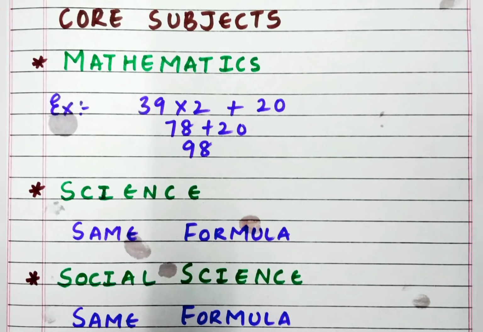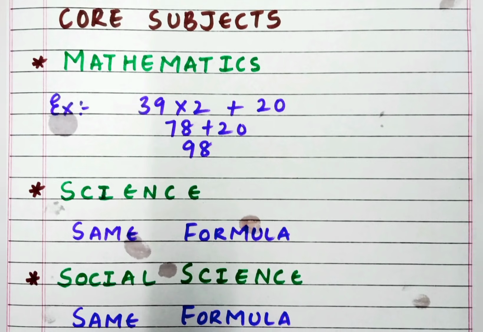In the same way, for core subjects, you have to apply the same formula: whatever the marks scored by you into 2 plus internal marks. For mathematics, for example, if you have scored 39 marks out of 40, multiply by 2, that is 78, plus add the internal marks.